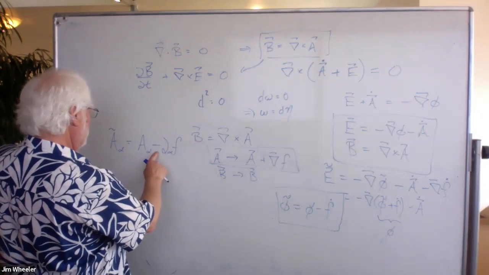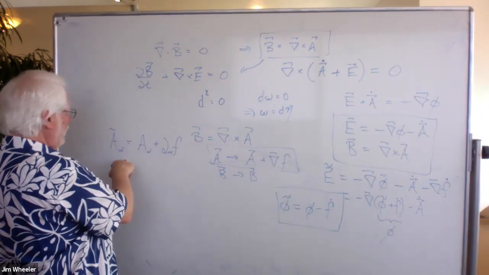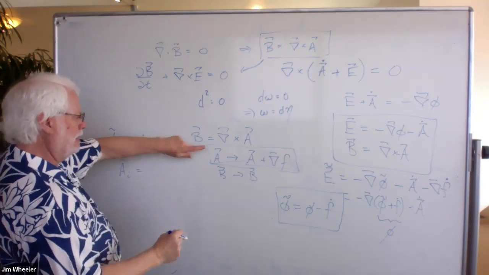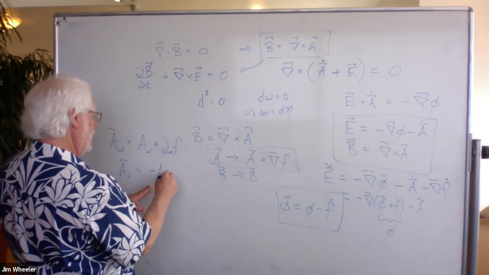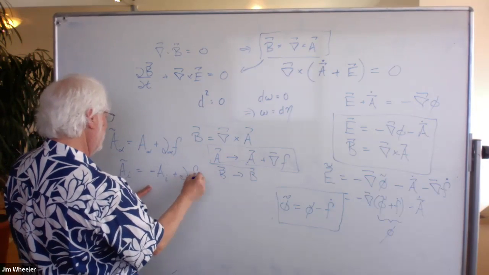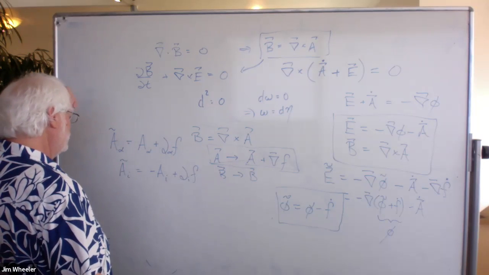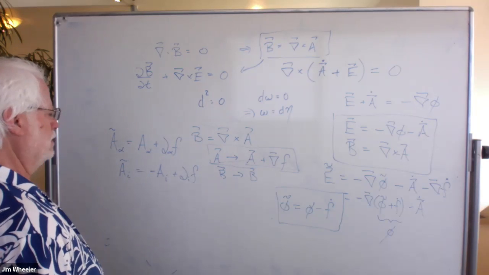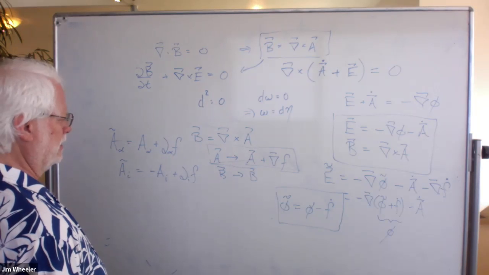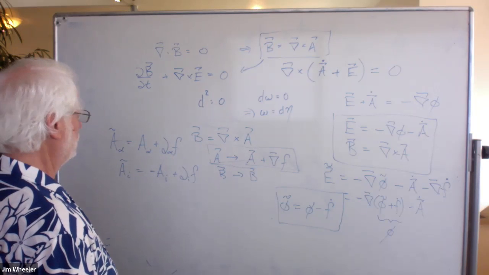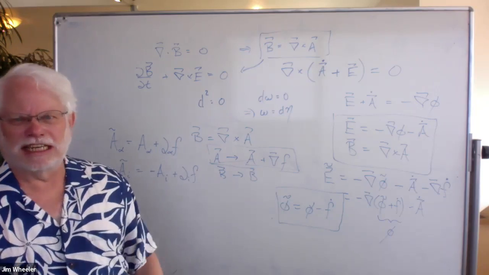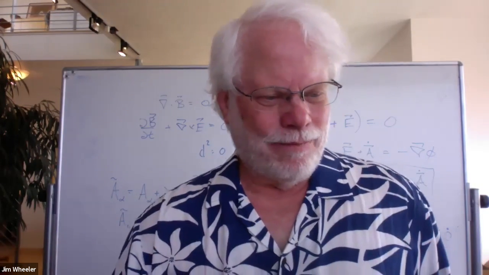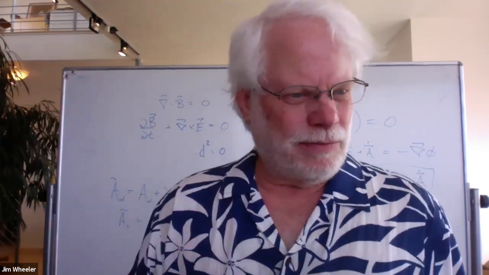Oh, because I've lowered A. All right, so A_i tilde is going to be minus A_i plus d_i f. Yeah, so that sounds like a minus, doesn't it? We could use minus f. All right, let's not worry about which way we write it. Either way, just take f to be minus that function.